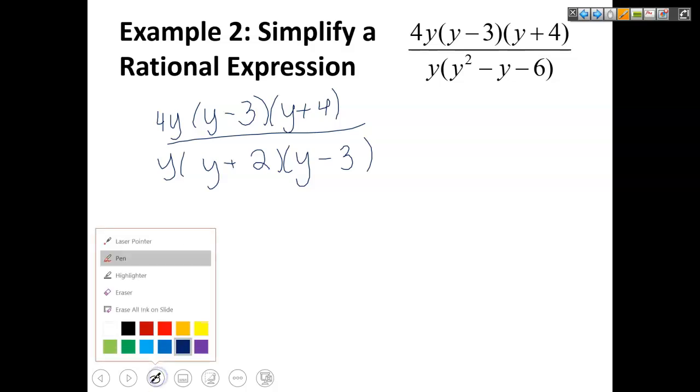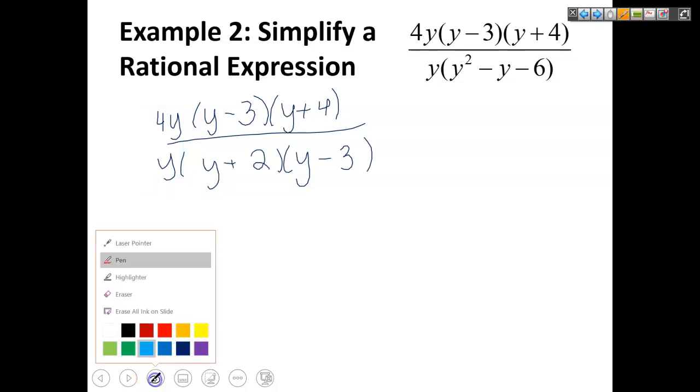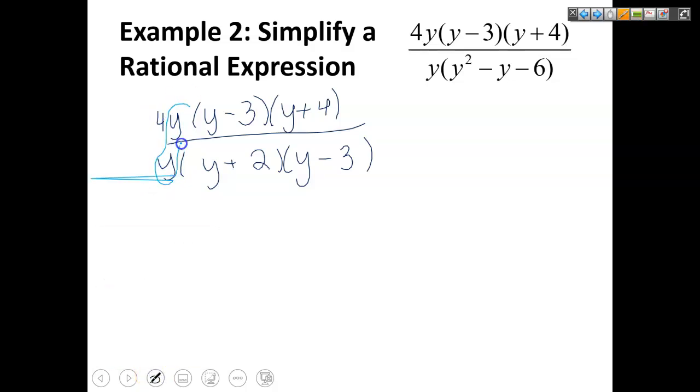So now, when I look at this problem, I have y dividing y factored out. If you have y over y, the y's cancel. The minute you cancel your y's, you created a hole, or you removed 0 from your domain.